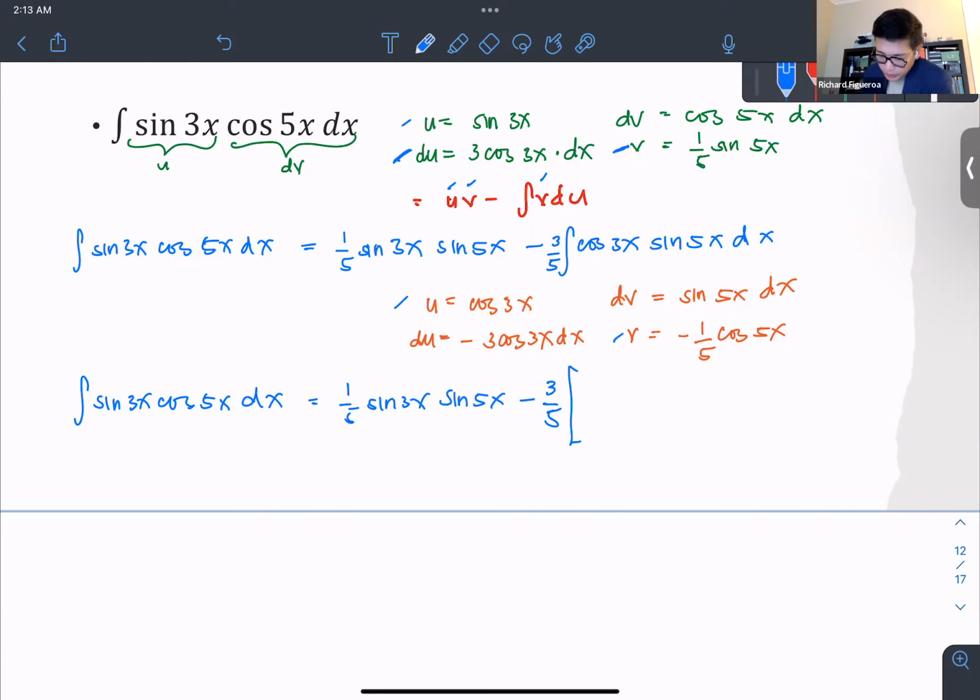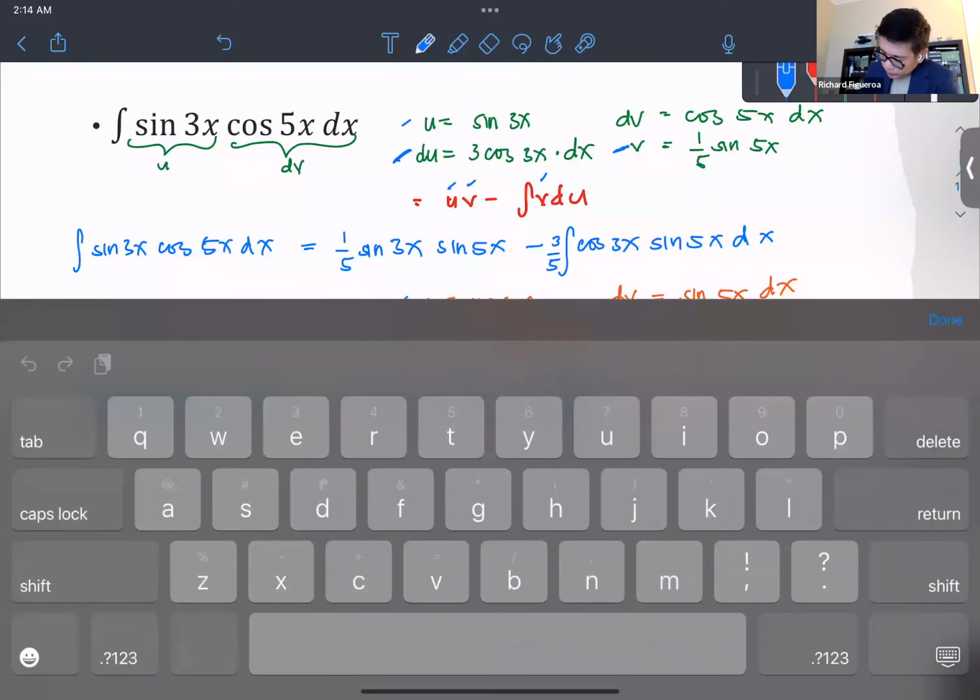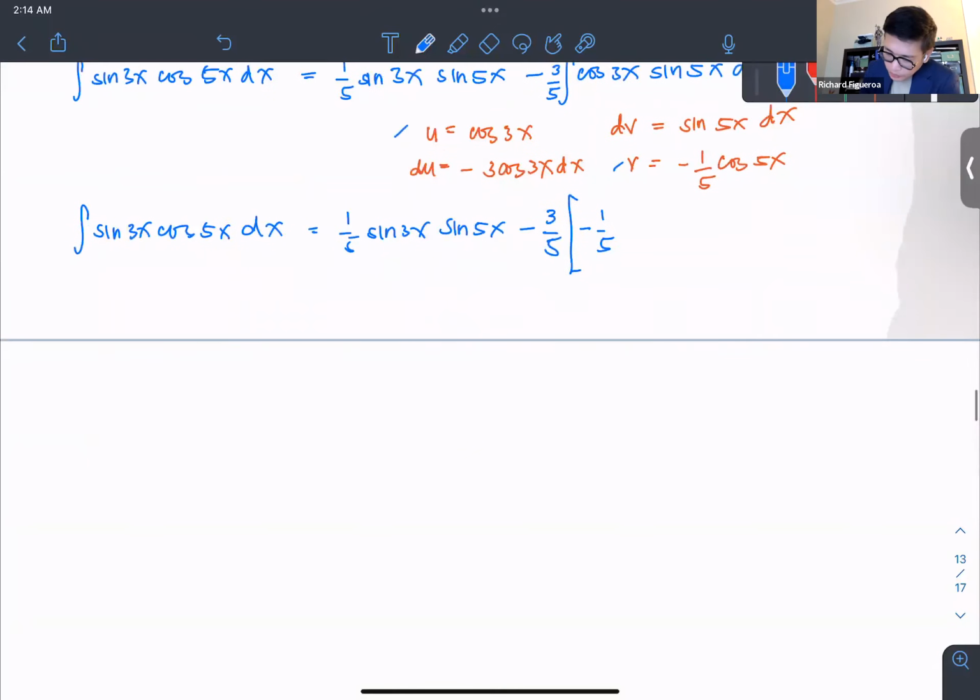So uv, that will be negative 1/5, and then I'll start with cosine 3x and then cosine 5x. So uv is negative 1/5 cosine 3x cosine 5x.